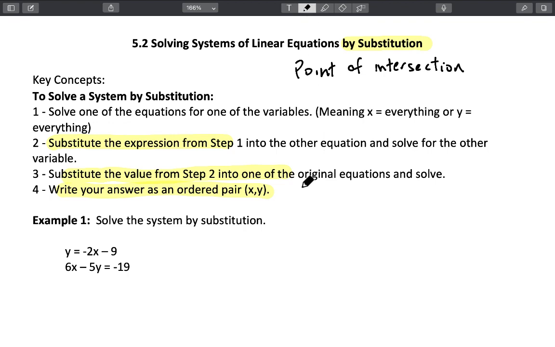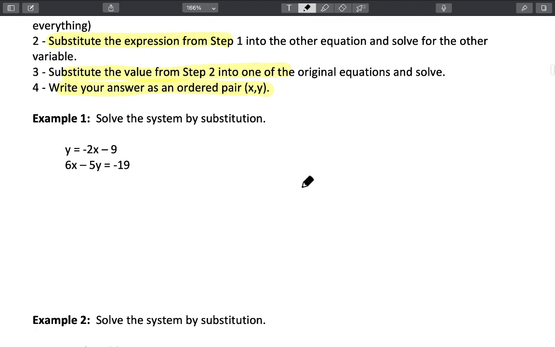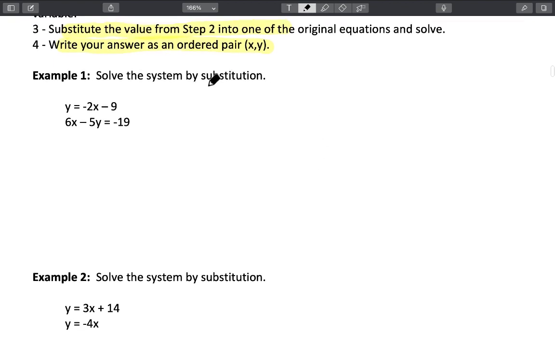All right, it's best to just do a few examples so you see what we mean. So remember, substitution means if two things are equal to each other, you can replace one for the other. All right, let's solve this system using substitution. We have the equation y equals negative 2x minus 9, and then we have the equation 6x minus 5y equals negative 19. Well, you can see here that this first equation states that y is equal to negative 2x minus 9.